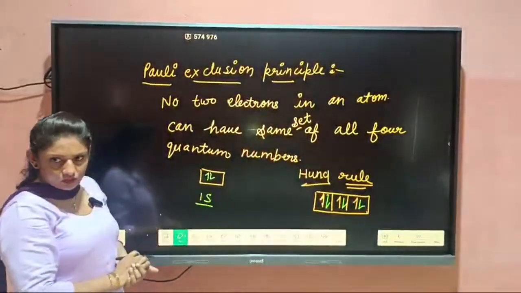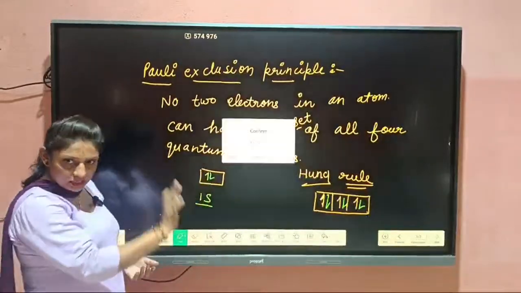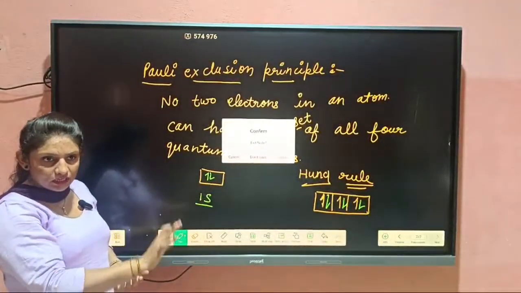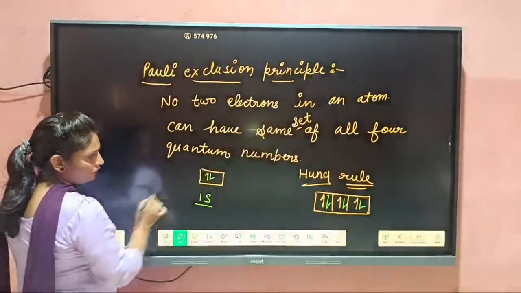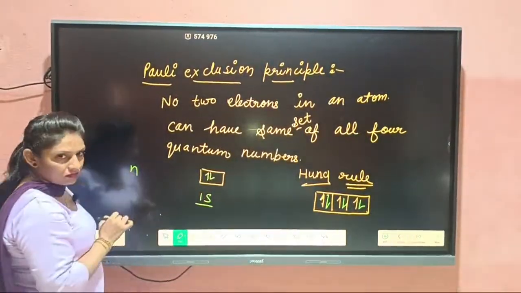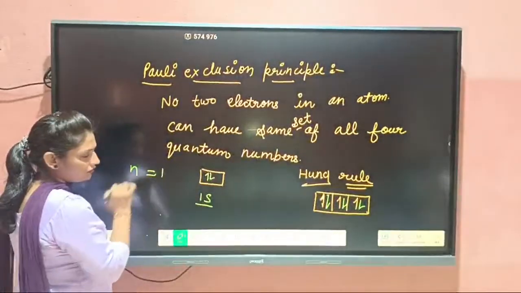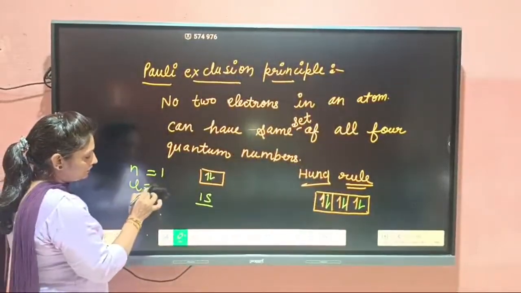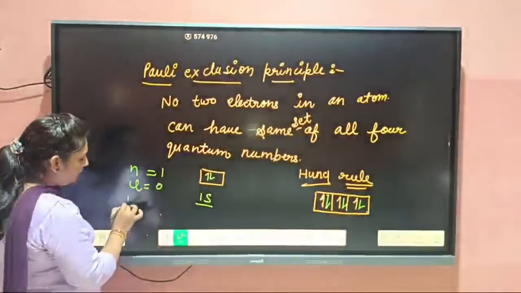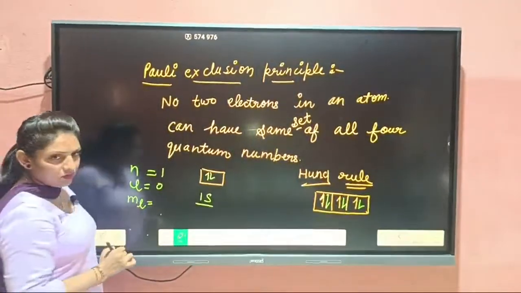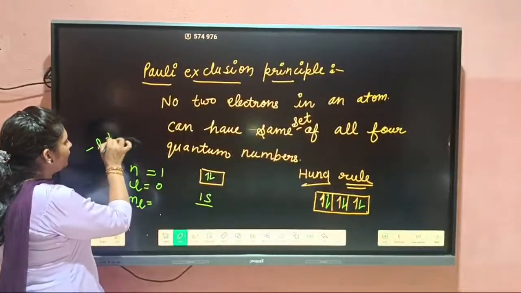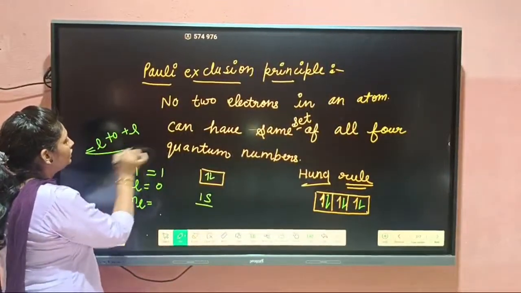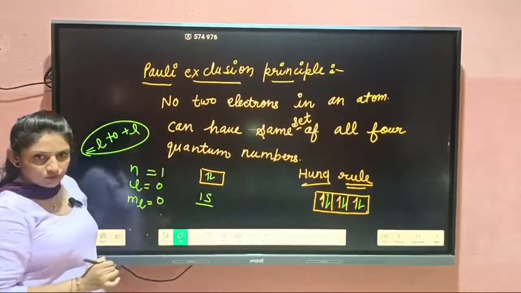Both electrons are present in the same orbital. But calculate their values. What is the value of n? 1. Value of l? 0. Value of ml, the magnetic quantum number? It exists from minus l to plus l, so it will be 0.